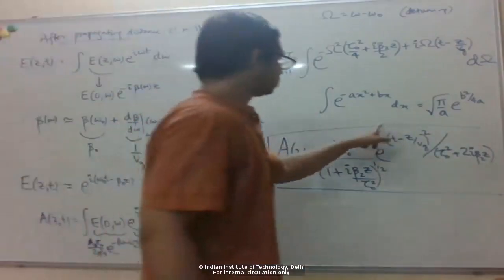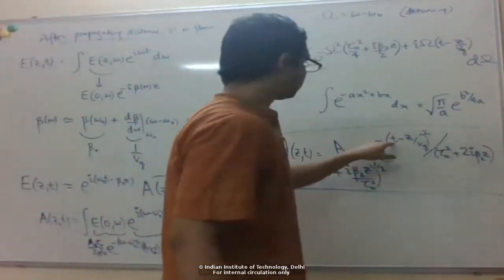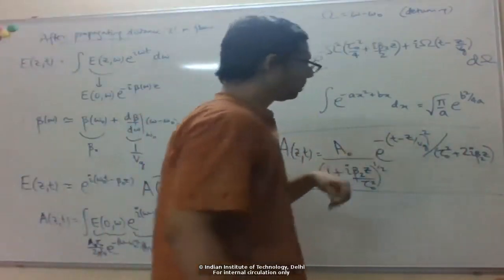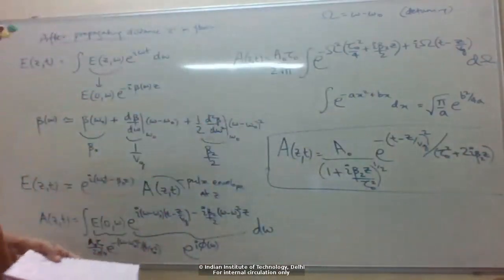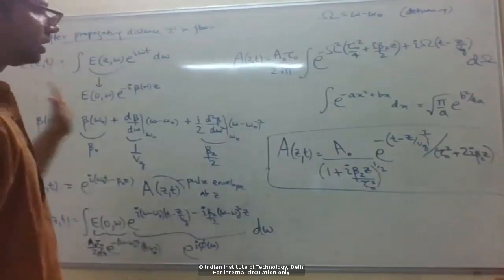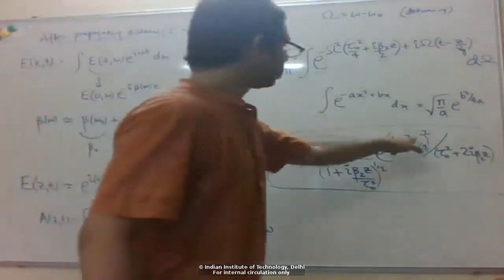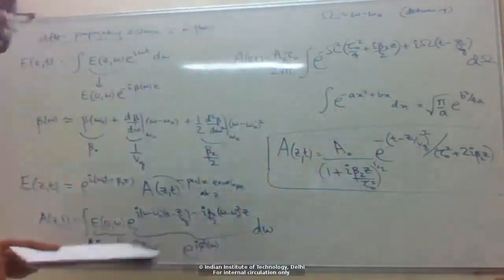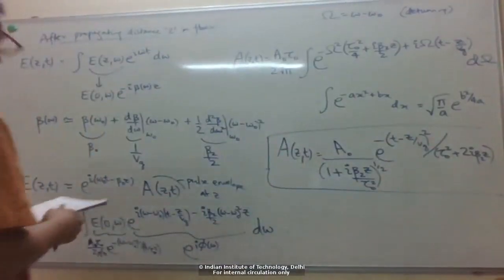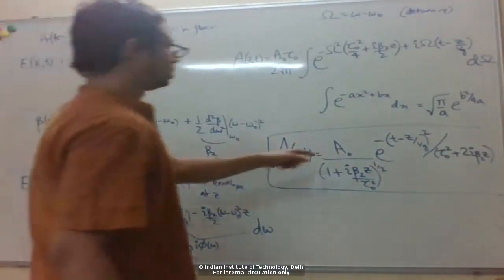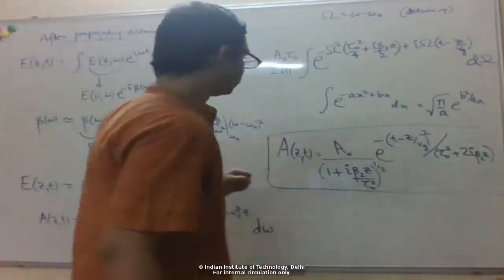So this is still a Gaussian function, except now it's centered at z over Vg because of course the pulse has moved. The pulse is moving with the group velocity. So now it's not centered at z equal to 0, but at z equal to Vg t. So that's the first thing.